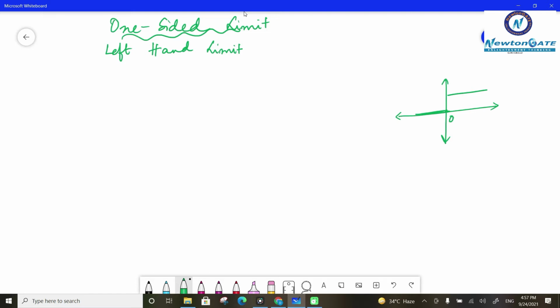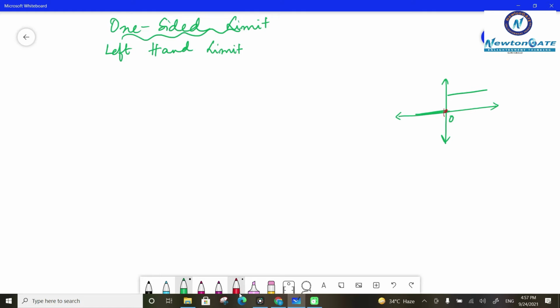If I take the same old example, this was the point 0. Now forget about the right-hand side. I will just consider a very small neighborhood or a very small interval on the left side of the point 0.